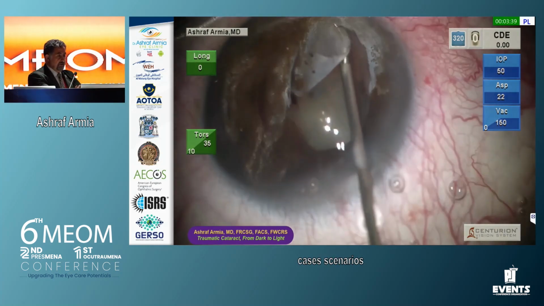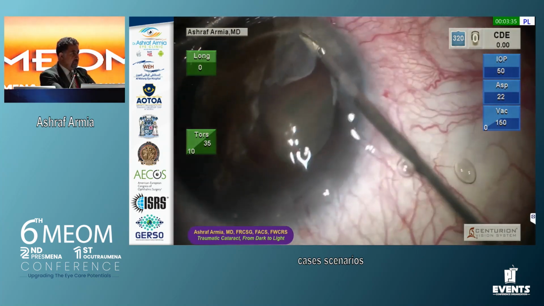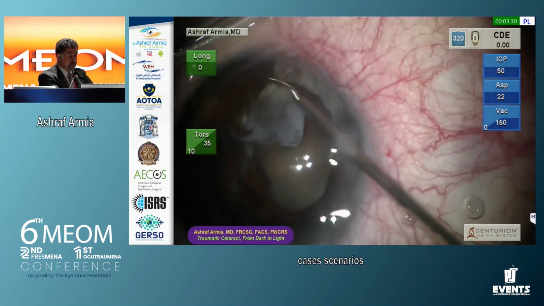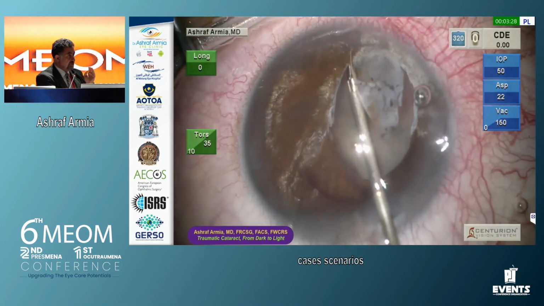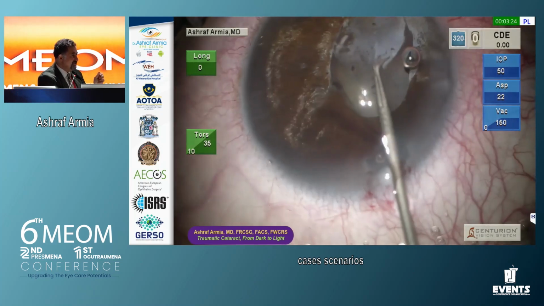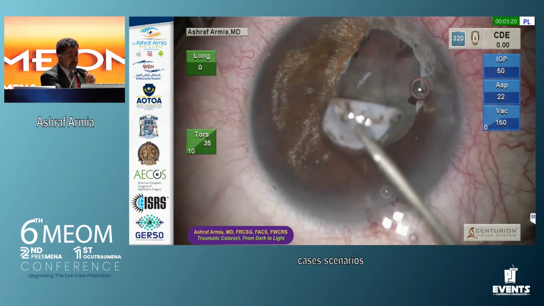So proper removal of this fibrous tissue, because this area has no iris tissue anymore. It's a fibrous tissue. So with the micro scissor, we try to remove as much as we can, but not to remove the normal tissue, because we need this tissue to be repaired. So I'm removing as much as I can.